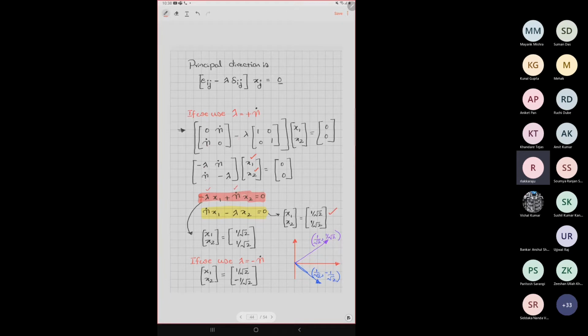Similarly, if my lambda is equal to minus gamma dot, then I will end up with 1 by root 2, minus 1 by root 2.